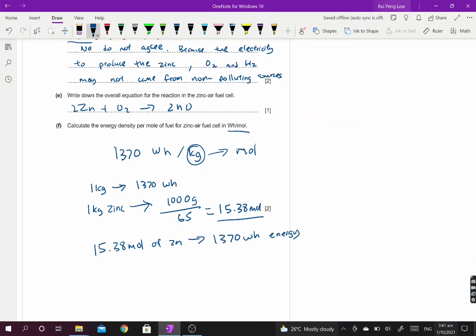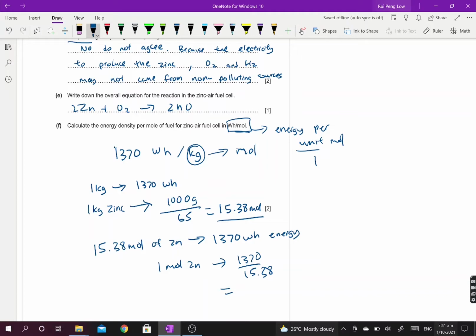Hence, how do we find 1 mole of zinc? Because they want per mole, means energy per unit mole. Unit means 1. So 1 mole of zinc gives you 1370 divided by 15.38. Let's see what we have. 1370 divided by 15.38. We get 89 watt hours.